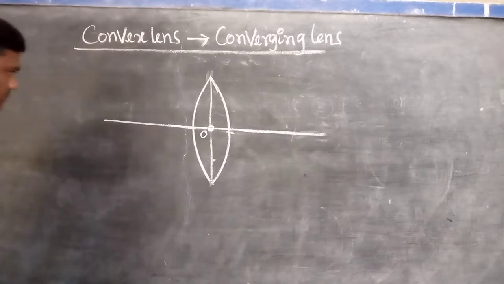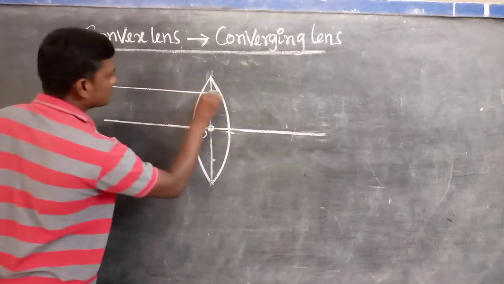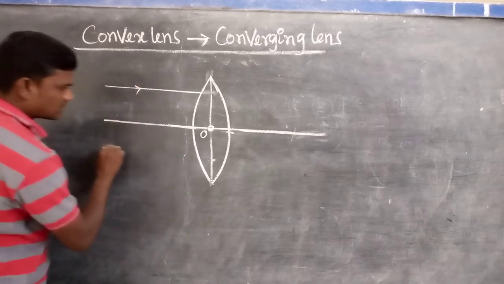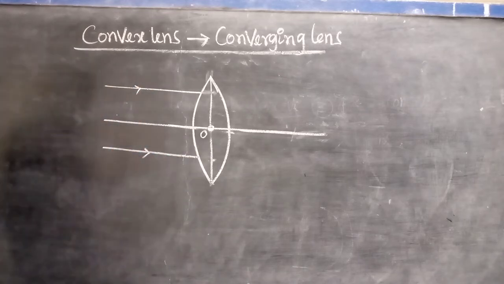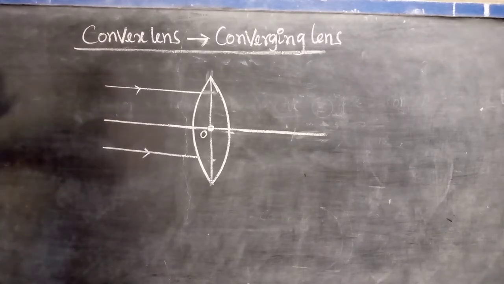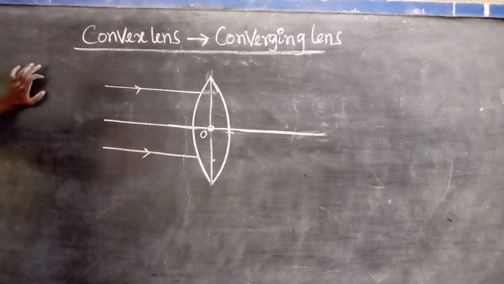So here, these are the incident rays. The incident rays are coming from the distant object. We know that light always travels from one place to another in rectilinear propagation, that is, a straight line path.